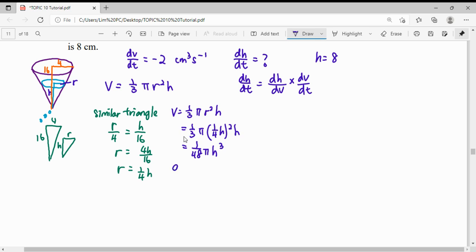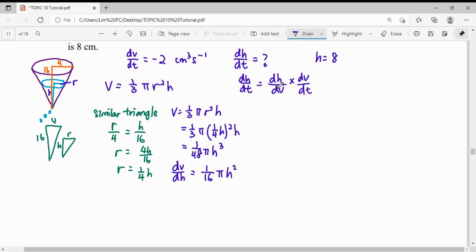Then we differentiate V with respect to h. The power moves to the front, so 3 times 1/48 equals 1/16, then power minus 1 will become 2.